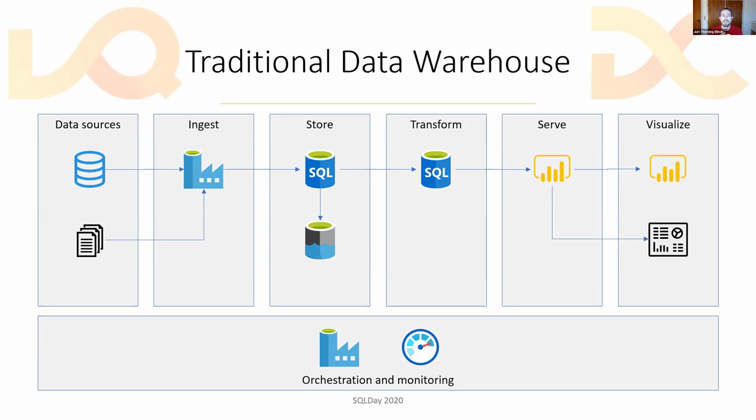Then we can use Data Factory just to load it directly to the SQL Server and then transform it. But if our data sources are more exotic, more unstructured, if it's JSON files or APIs that don't fit directly into a table, then this architecture might be a better solution.